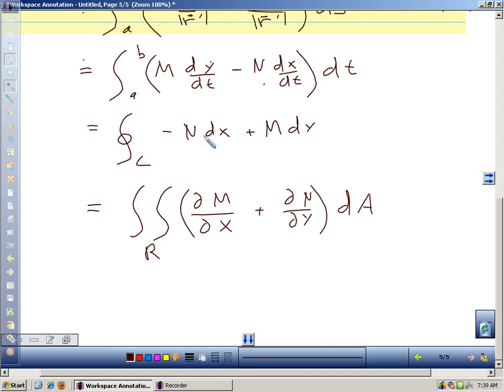So we're applying Green's theorem to this line integral, and I'm just going to say by Green's theorem. But what is this quantity dM/dx plus dN/dy? Does anybody recognize this? Let's go up here and look.